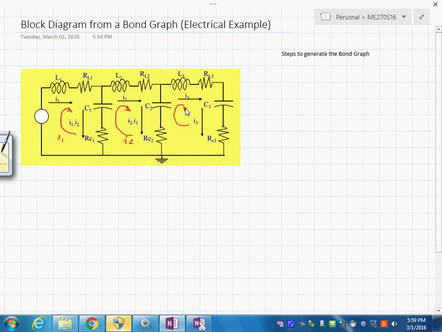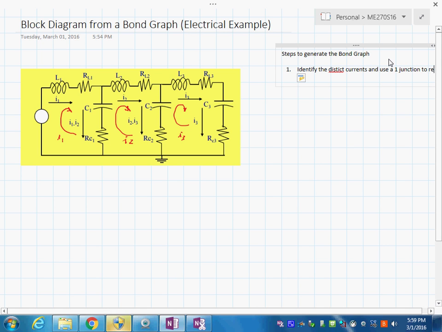So if this is the case, we're going to put step number 1: identify the distinct currents and use a 1 junction to represent them.